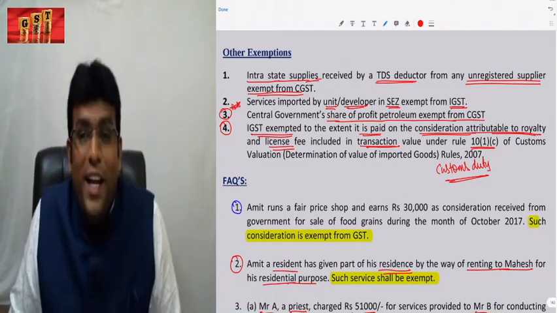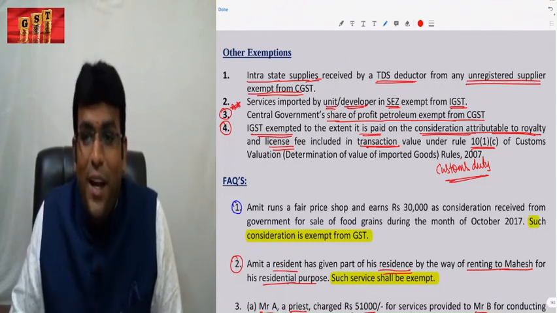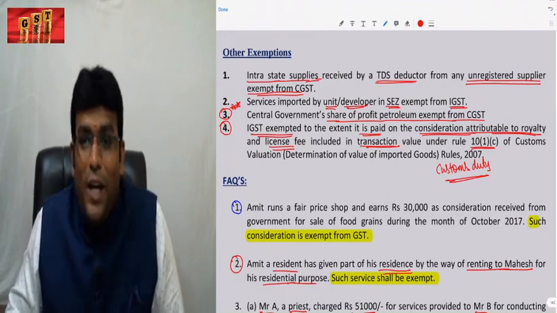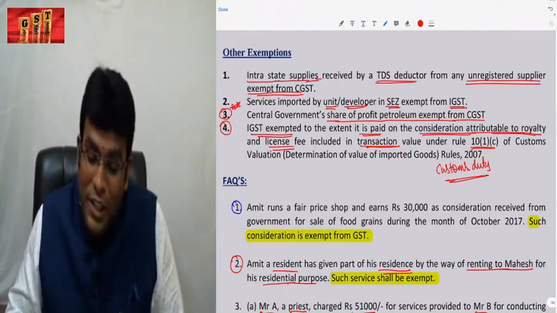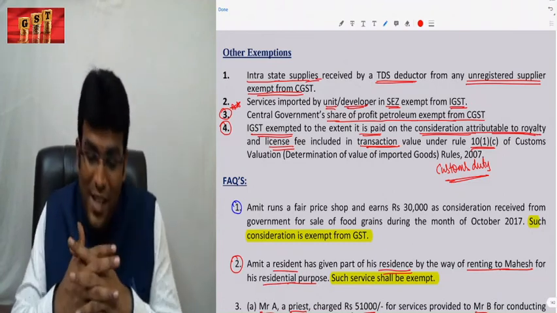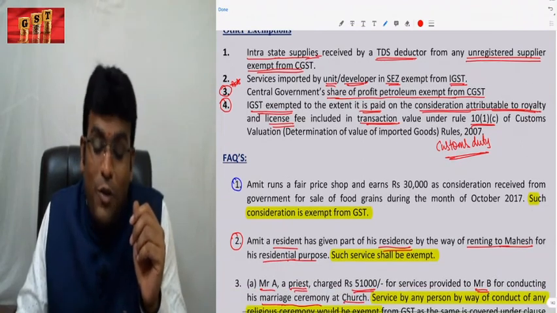But this point only says IGST is exempted to the extent it is paid on consideration attributable to royalty and license fee. We will talk in detail when I go to customs. Clear, friends? These are the various interesting exemptions that we have got.